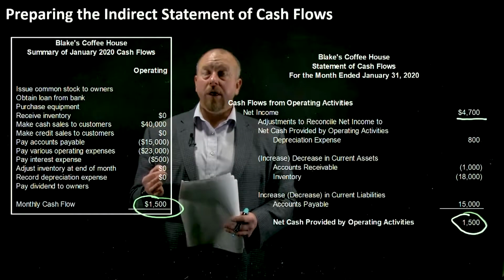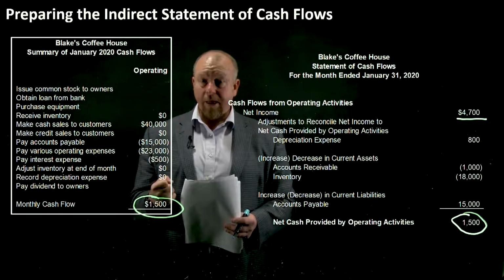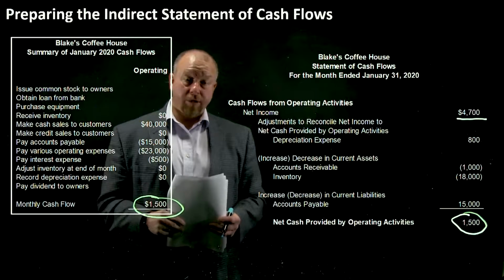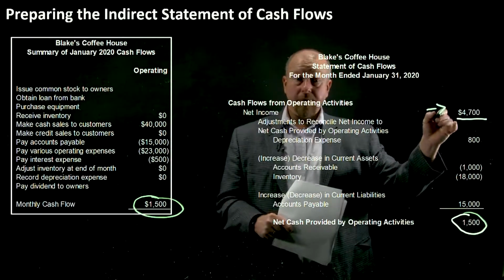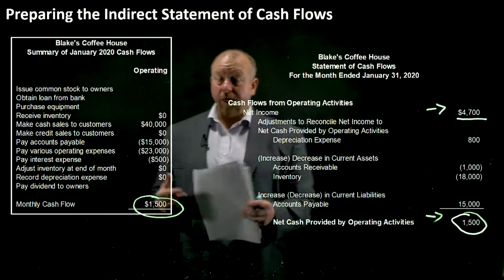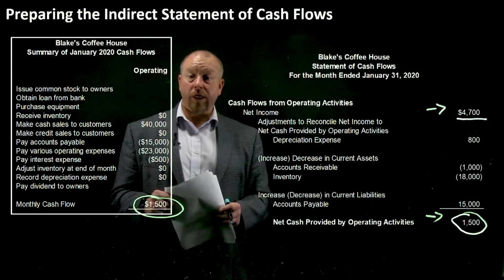It's so critical to be able to measure the results of our operations for a particular period, even when the checkbook wasn't affected. So we really need both of these numbers. We need the income statement to tell this story under the accrual method. But then at the end of the day, we really need to figure out what happened to cash in the organization so that we can make decisions about the company's liquidity.